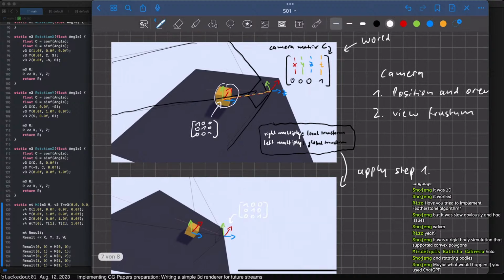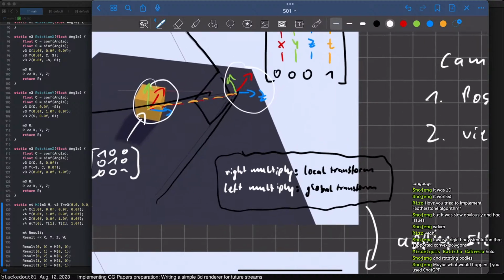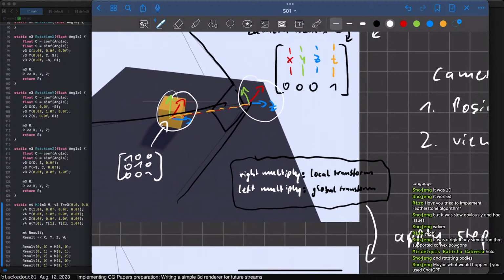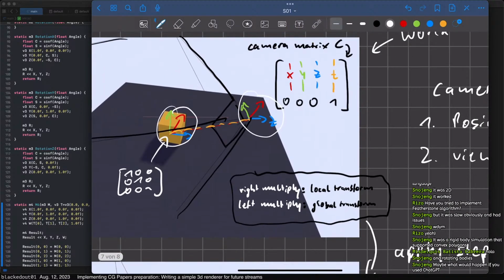So this here is the identity system. This here is the camera system. And if you think about it, what multiplying a point with this matrix does, for example, if you have a point relative to this camera that would look like this here, then if we were to multiply this point with the camera matrix, then we would transform the point here into the global coordinate system.